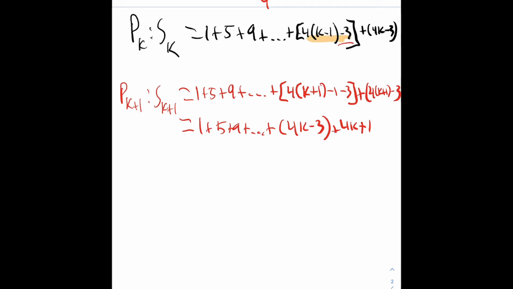So if I compare where I started, instead of having 4K minus 3, I now have 4K plus 1. That is a difference of 4, which shows me that I found the next term.